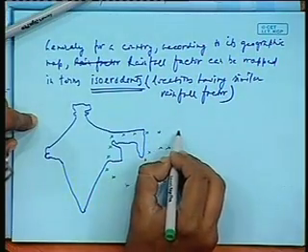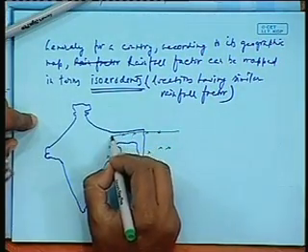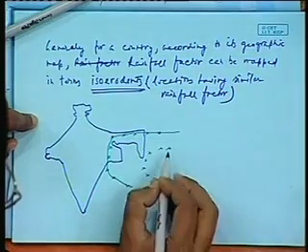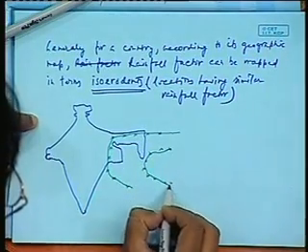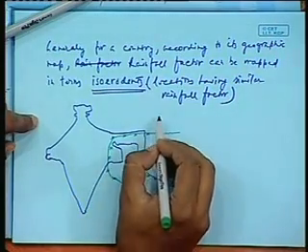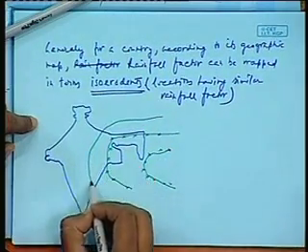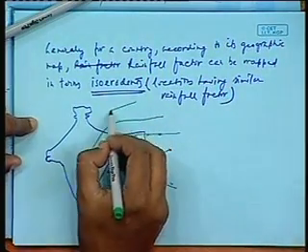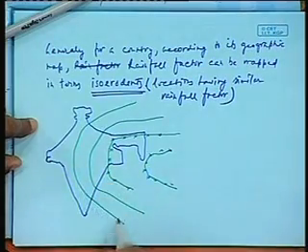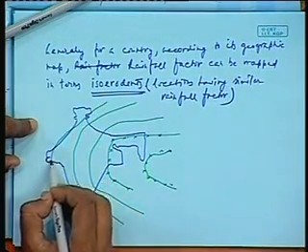So here you can see this is what is known as the isoerodents. This is how the isoerodents are made. So for India, the isoerodents may look like this, forming like this.